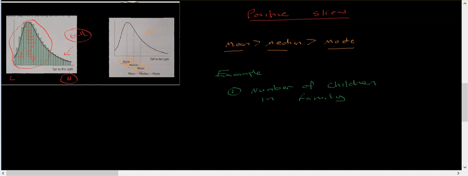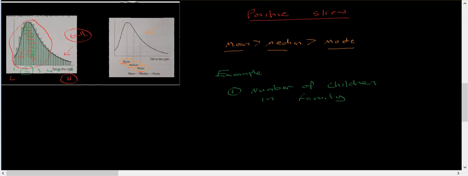So we could say something like 1, 2, 3, 4, 5, 6. Depending on the population where you carry out the survey, the most common frequency of the number of kids in a family might be 2, for example.